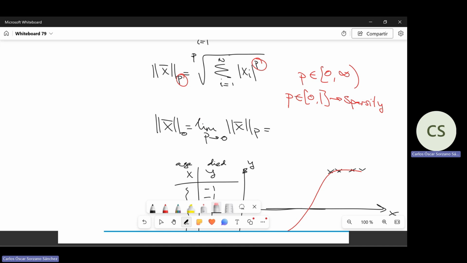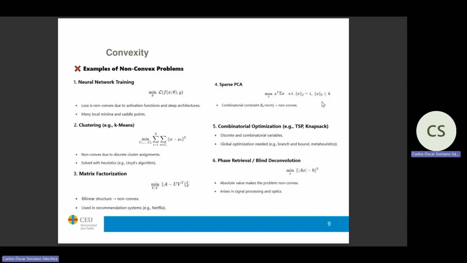It is the count. So it is the count of non-zero components, x_i different from 0. So you count how many elements are different from 0, and that is the 0 norm. So you want at most k components to be non-zero.